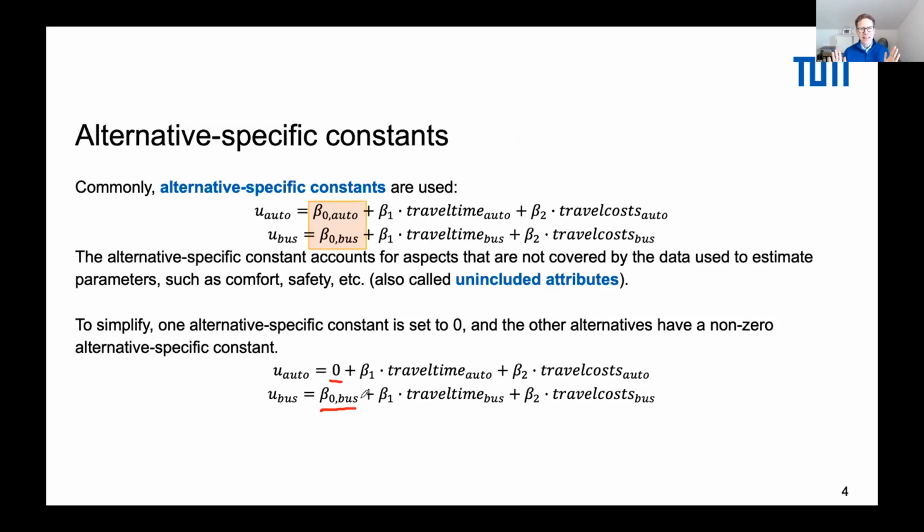But mathematically, again, it doesn't make any difference if you do this. It's just a convention that we always set the constant of the most common alternative to 0, and then we can compare other constants against our base alternative.